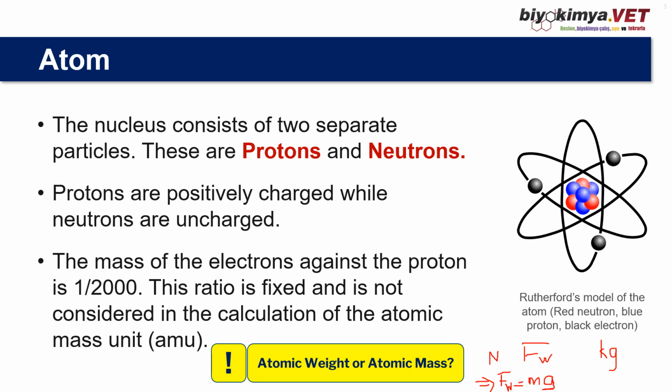Therefore, weight appears as another form of expression of the gravitational force. And the weight of a substance changes depending on the gravitational force of its location in space, but its mass does not change wherever the substance is. In daily life, mass and weight are often used interchangeably, but we should know that they are different. Then we find the answer to the question in our title.